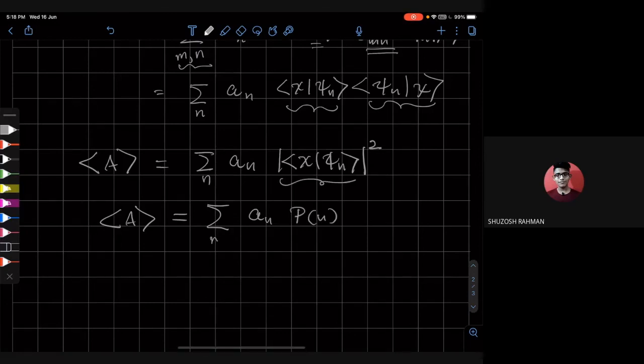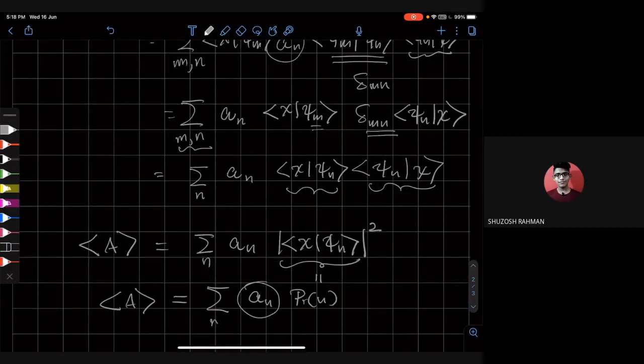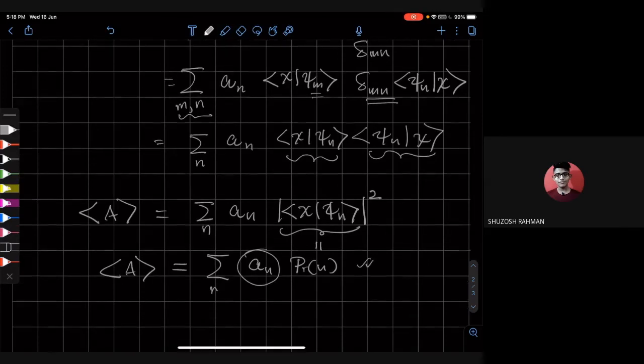So this thing is equal to the probability that if you make a measurement, you're going to get the value a_n. So this is P for probability, not projection. But we have used the projection operator extensively in coming up with this very beautiful physical expression for the expectation value of A.